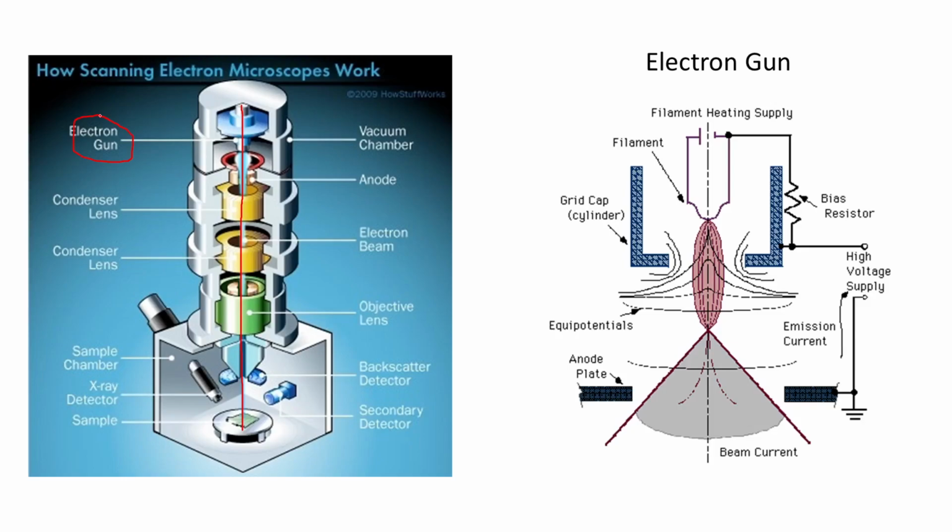Then this electron gun produces the electrons, which then pass through this anode. This anode is negatively charged, so it repels the electrons, so the electrons converge and pass through the anode. Then followed by this anode, we have these condenser lenses like here, and the objective lens. This is also a condenser lens.